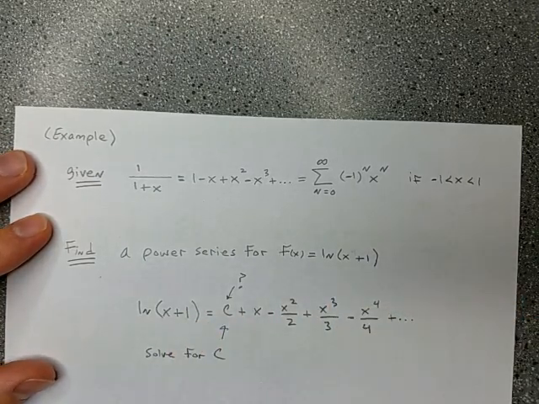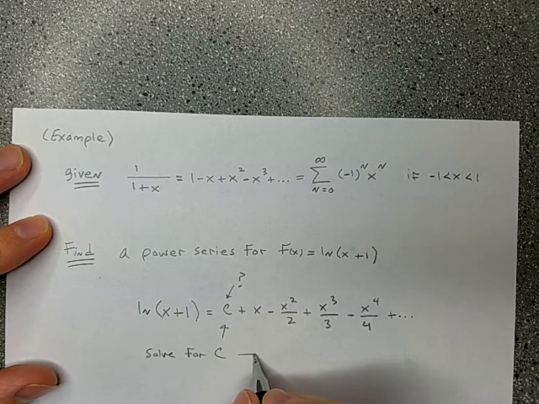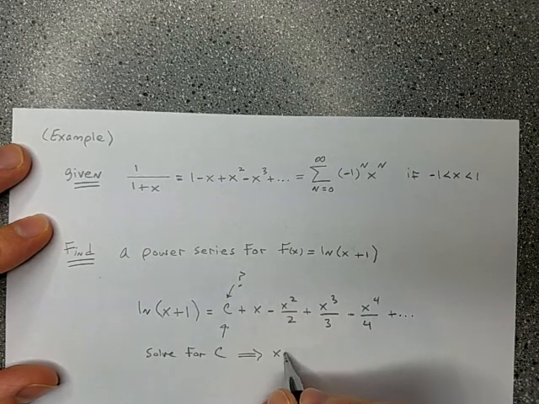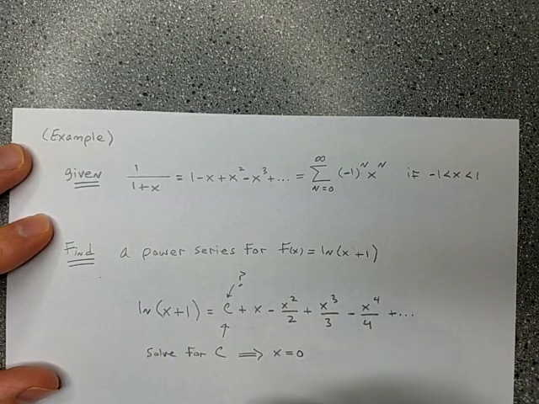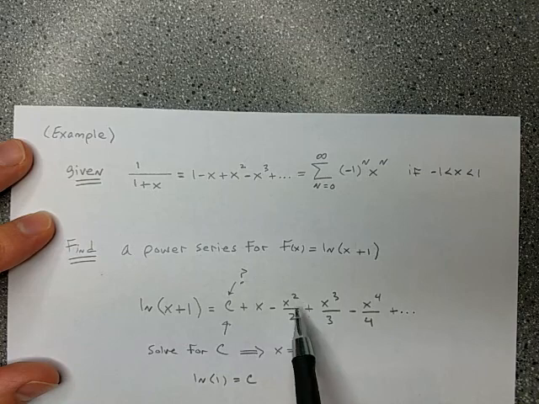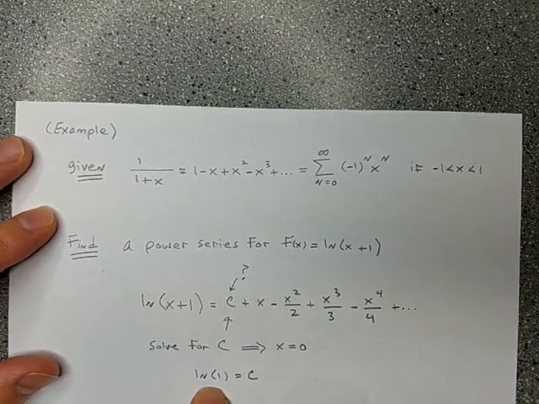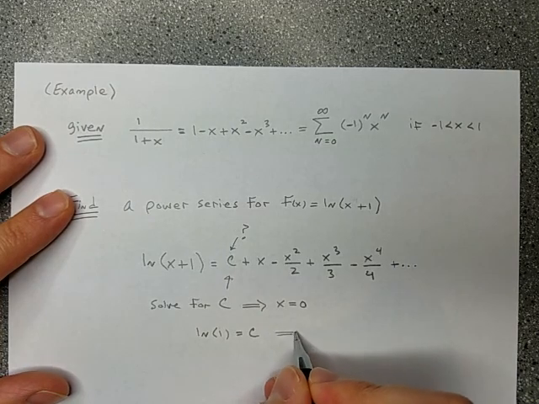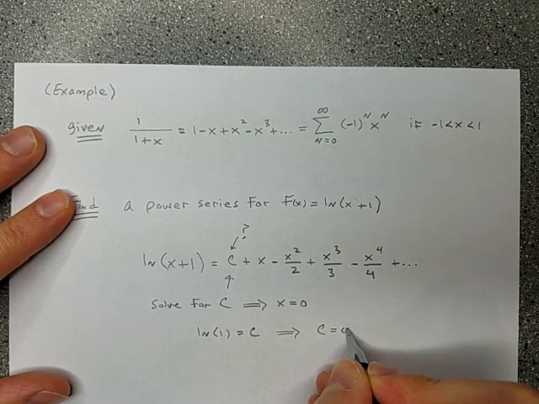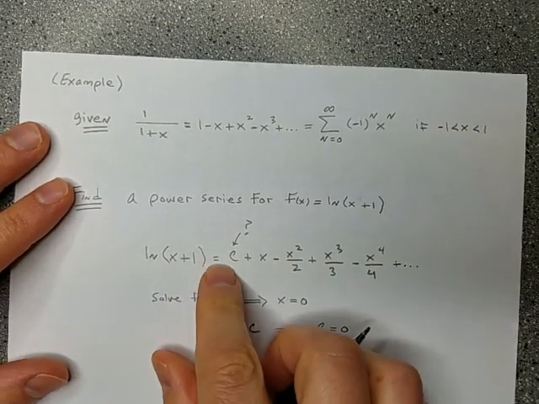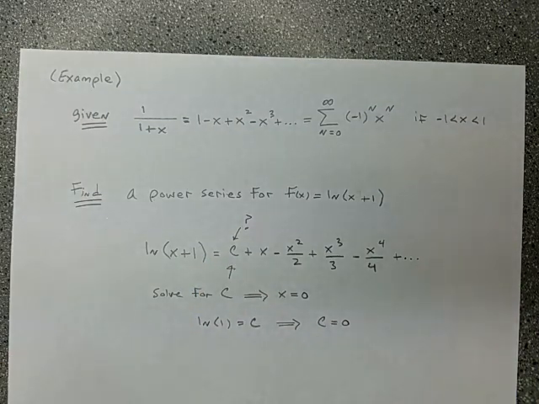Suppose I let x be 0. It says natural log of 1 is equal to c, and then that's 0 minus 0 squared over 2 plus 0. And what's natural log of 1? It's 0, so therefore c is equal to 0. So yes, there is a constant of integration there, but it turns out to be 0.